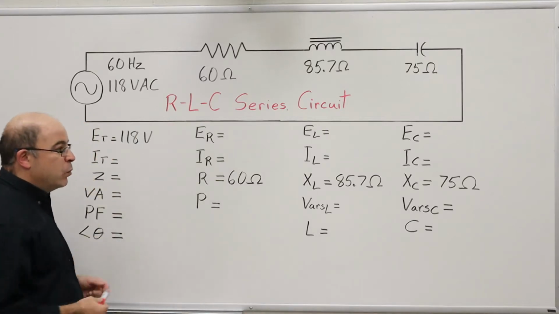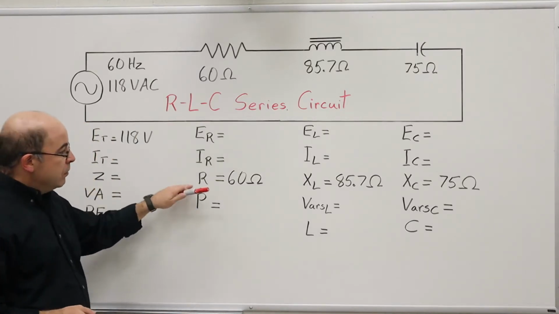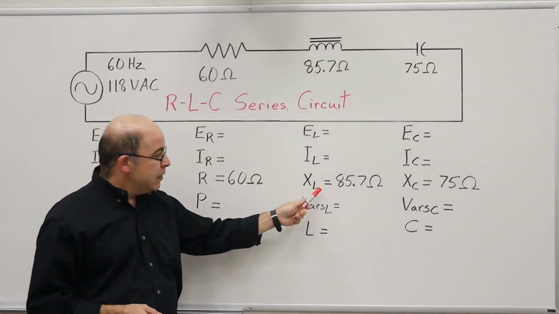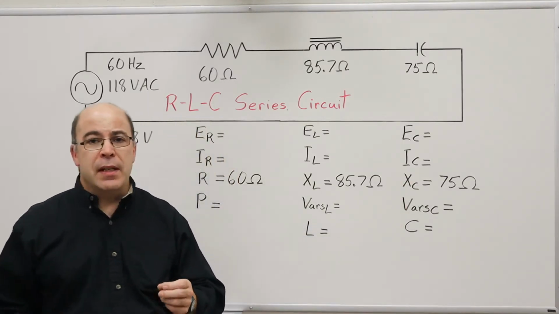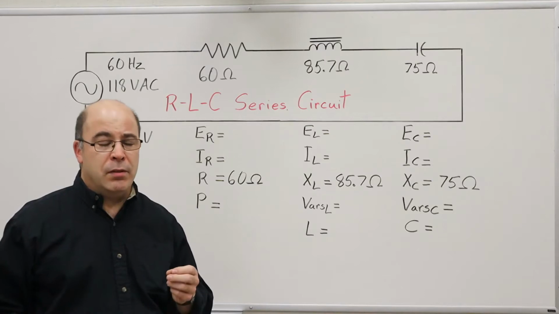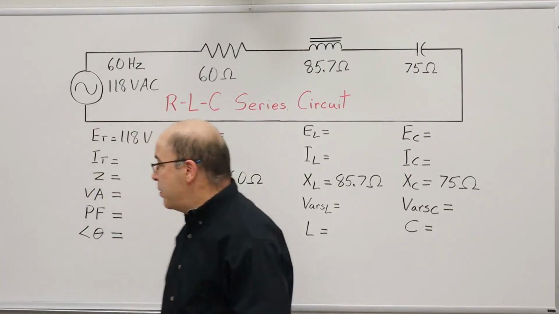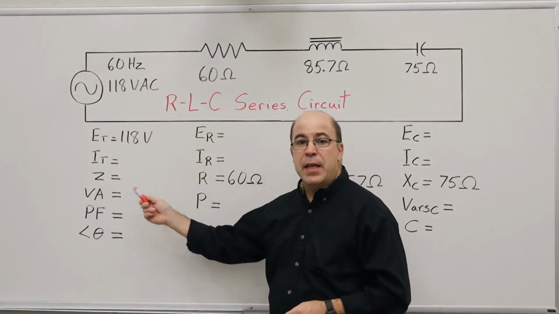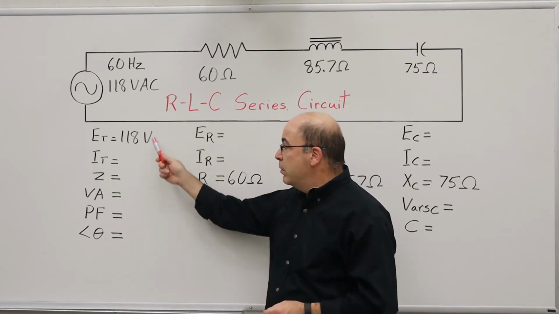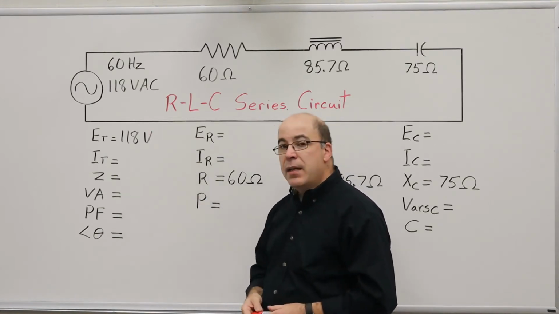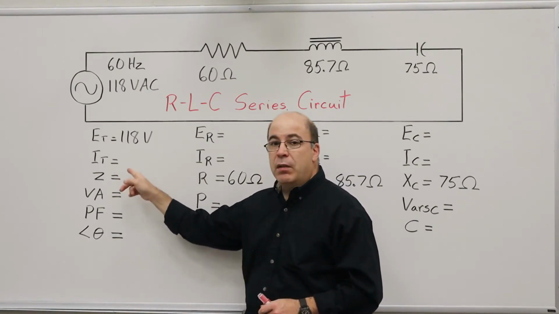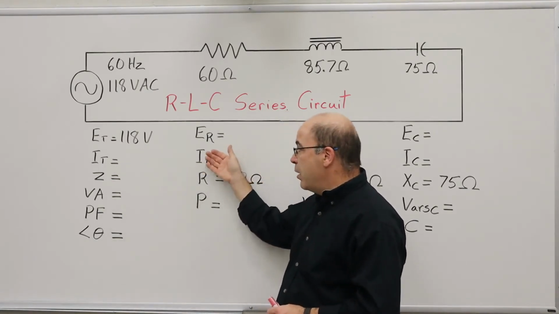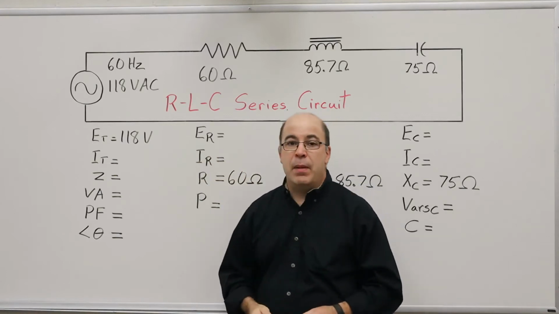Looking at what we have to work with, I've got values of resistance, inductive reactance, and capacitive reactance, and it's going to be using a simple trigonometry formula to solve for the value of circuit impedance. Now, once I have circuit impedance, I'm going to be able to unlock the value of current, and then it'll be just a matter of going through the paces.